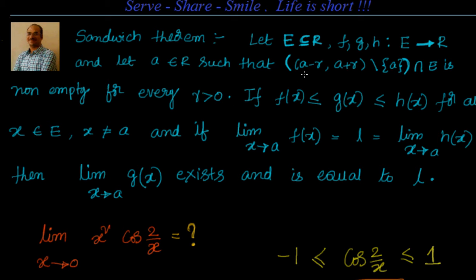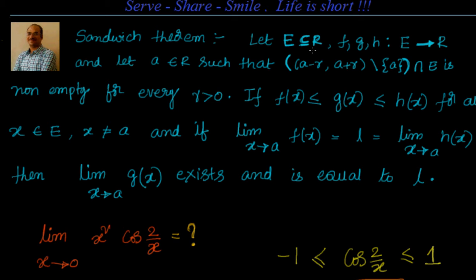If you read this all, we are saying this is about the deleted neighborhood of A. If f of x is less than or equal to g of x less than or equal to h of x for all x belonging to E, and if the limit as x tends to A of f of x equals L, which is also equal to the limit as x tends to A of h of x, then the limit as x tends to A of g of x exists and is equal to L.